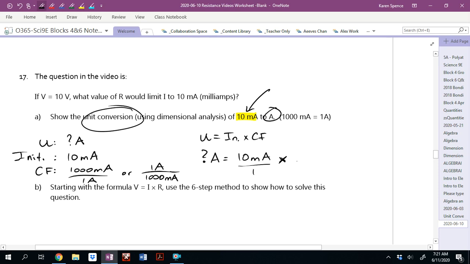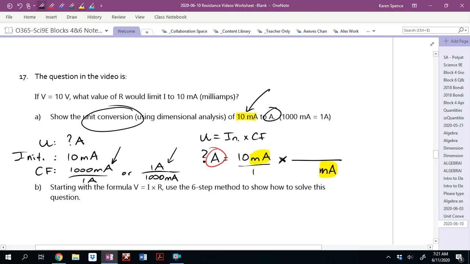Our initial is 10 milliamps, and for our conversion factor, we either choose 1000 milliamps per amp, or 1 amp per 1000 milliamps. Remember, we need our milliamps to cancel out because we don't want them in the end. We want to have amps. So if our milliamps are going to cancel out, I need to have them on the bottom.